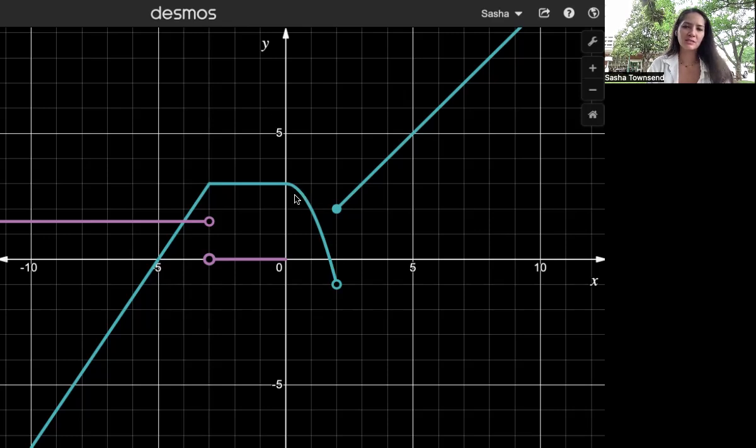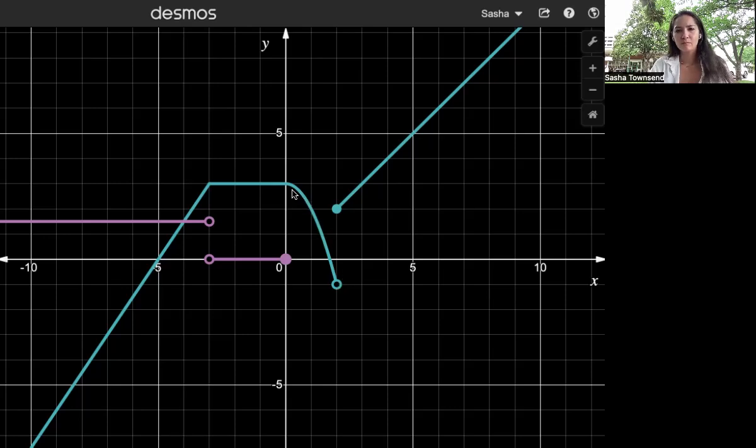As we approach x equals 0 from the right, the slope is approaching 0, and as we approach x equals 0 from the left, the slope is 0. So the point 0, 0 is actually on our graph. If we want, we can color in that circle, just drawing it for emphasis.